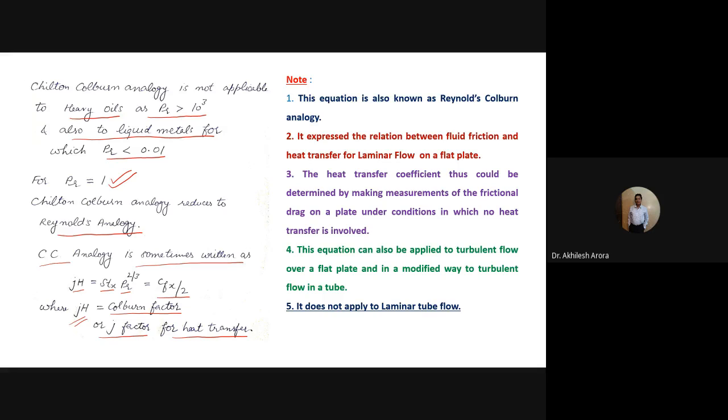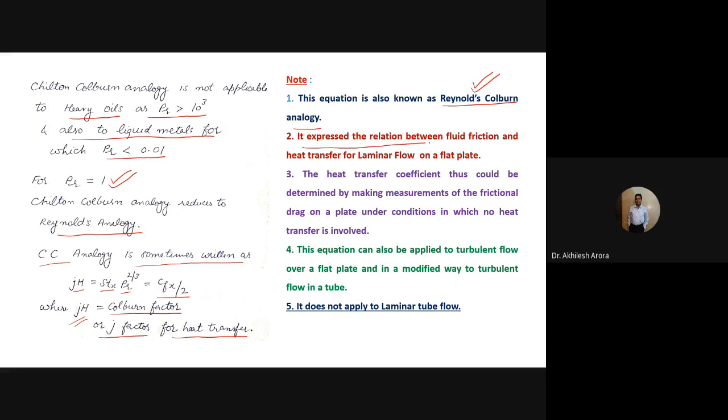This equation is also known as the Reynolds-Colburn analogy. So this is the Chilton-Colburn analogy, and we can call it the Reynolds-Colburn analogy also.